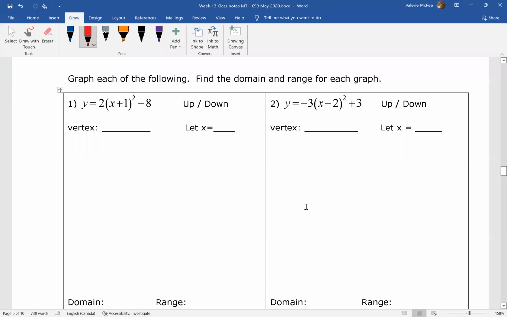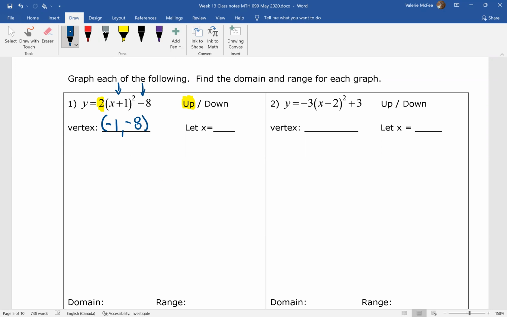So first of all, can you tell me if this graph will open up or down? Well, we're going to look at a. We say that a is positive, so we know that this graph is going to open up. What about the vertex? Well, we said the vertex is the opposite sign on h, so -1, and exactly the same sign on k.